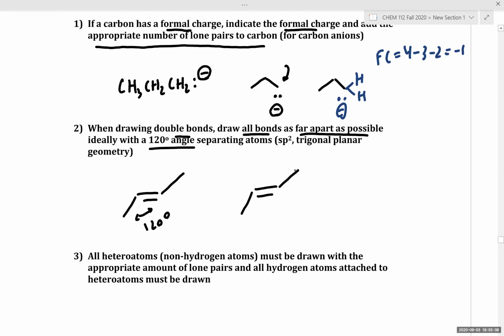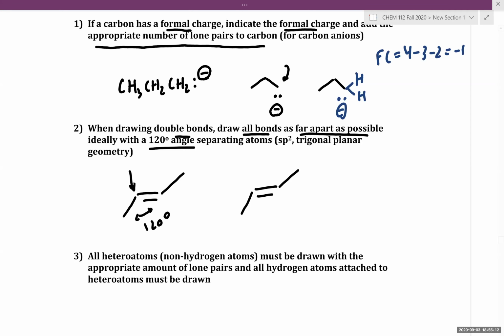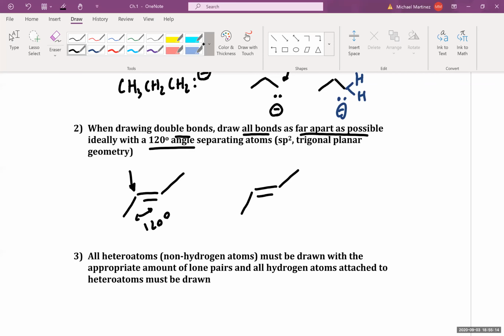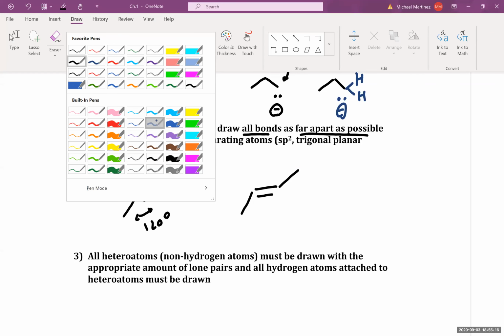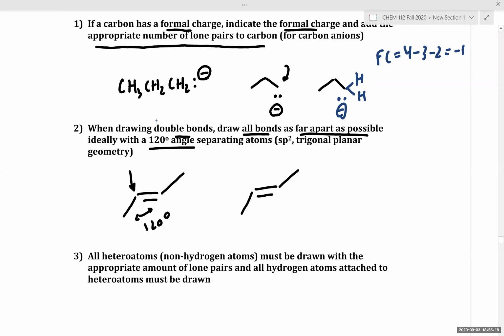My question to you is, for this carbon right here, how many hydrogens do I need to add? How many hydrogens do I need to explicitly draw? Two, because it already has a double bond. It has a double bond and a single bond. So one. One, yep, exactly right. While these carbons at the end would need three.